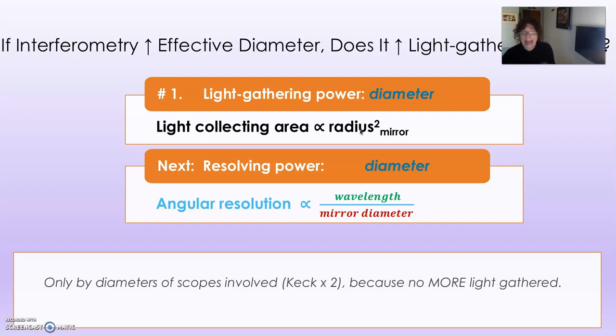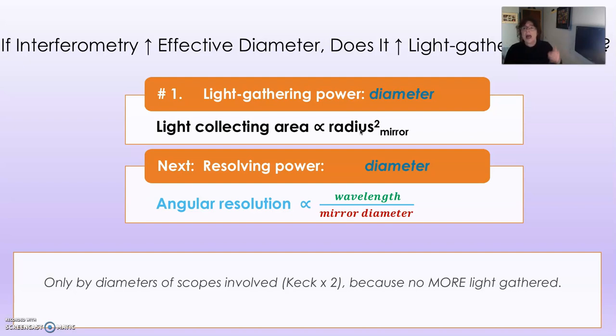No, it does not, because there is just so much light that has been taken in. And if you look at the light gathering power of Keck, it is actually the light gathering power of Keck 1 plus Keck 2. So 20 meters of light gathering power across those diameters.